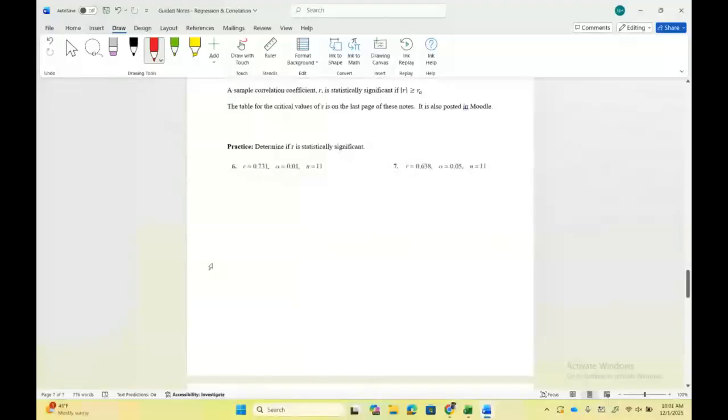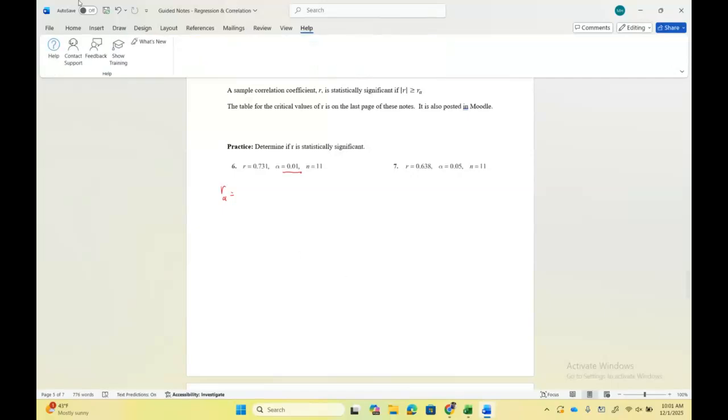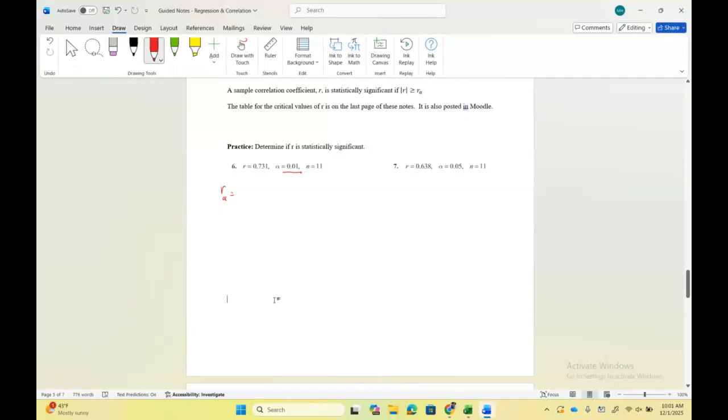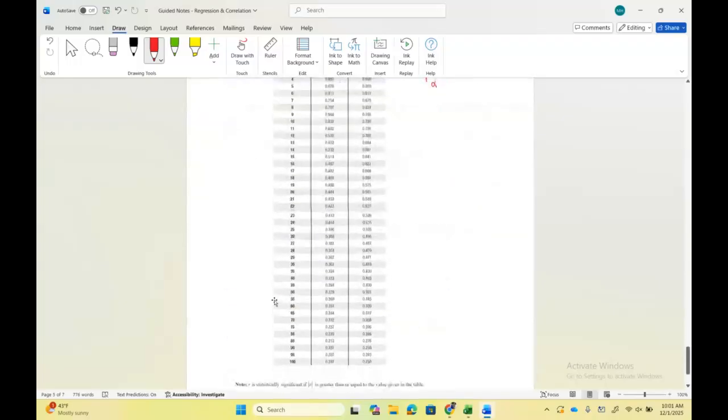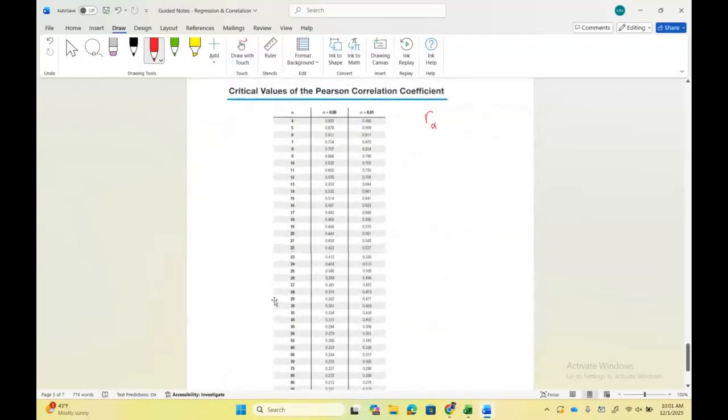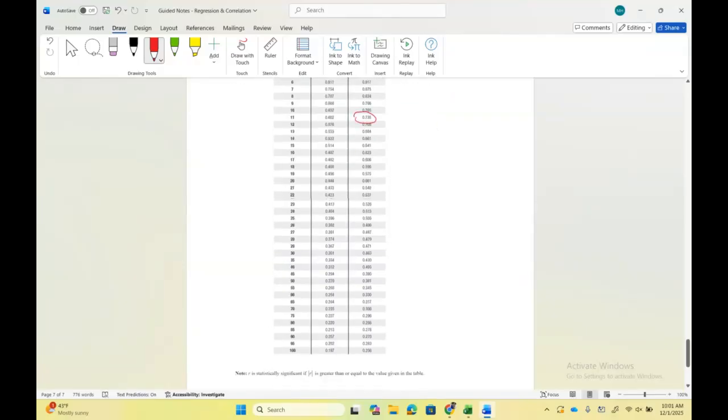So we're going to determine if R is statistically significant. For this first one, I have a level of significance of 0.01 and N is 11. So let's look here. N is 11, level of significance was 0.01, so that's 0.735.